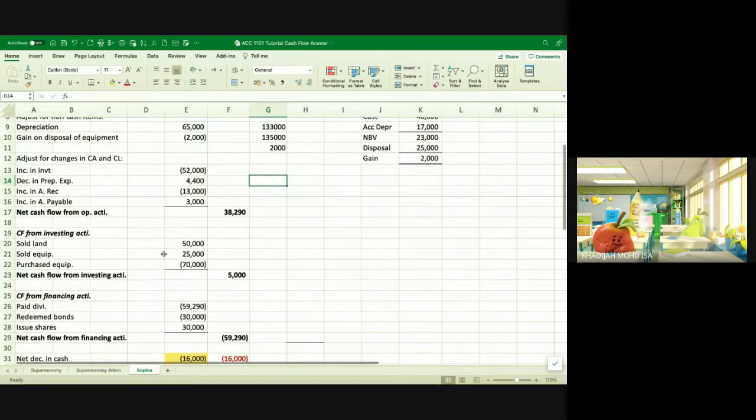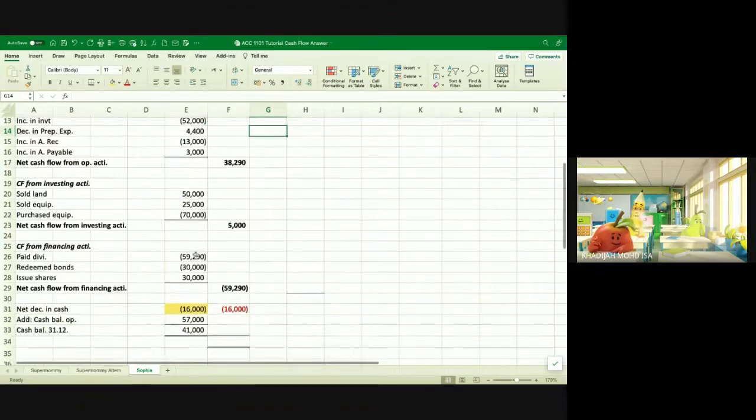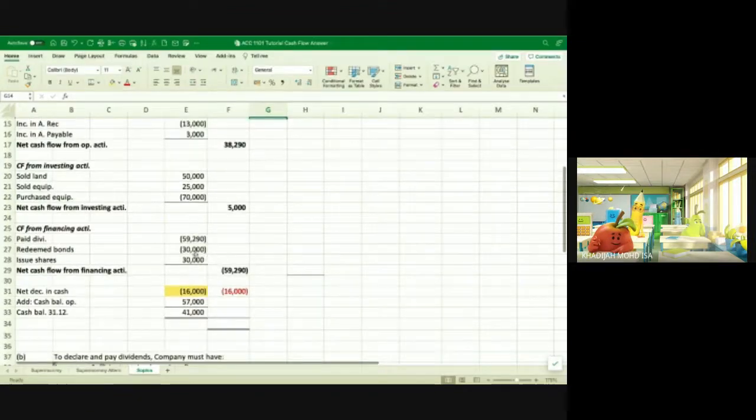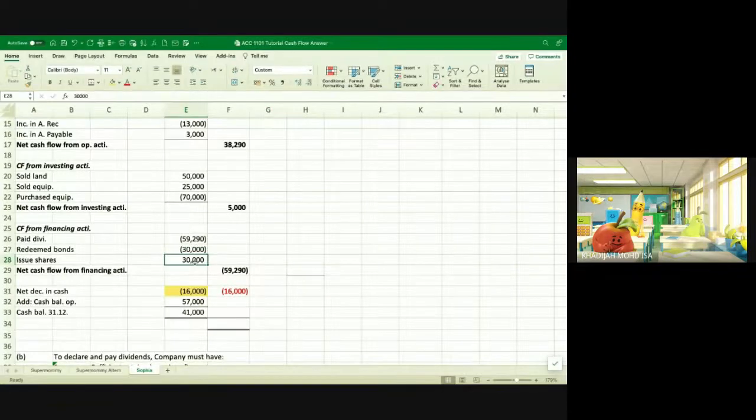You sold land, you sold equipment, so you get cash from there. Then you issued more shares, so that's why you have enough cash to pay out your dividend. In other words, you must have sufficient retained earnings and then sufficient cash, and this cash inflow during the year is reflected in your cash flow. Okay, is that clear?